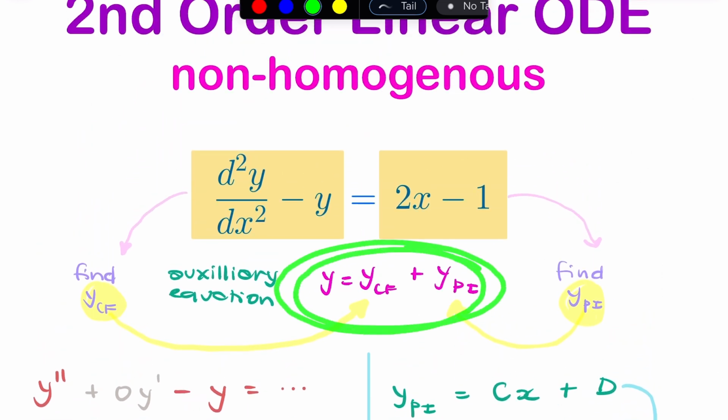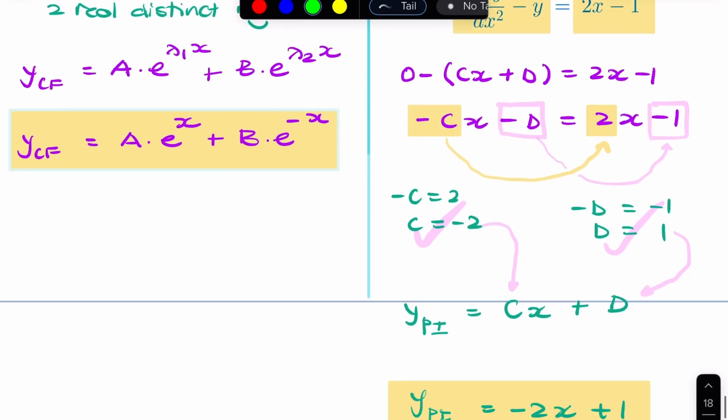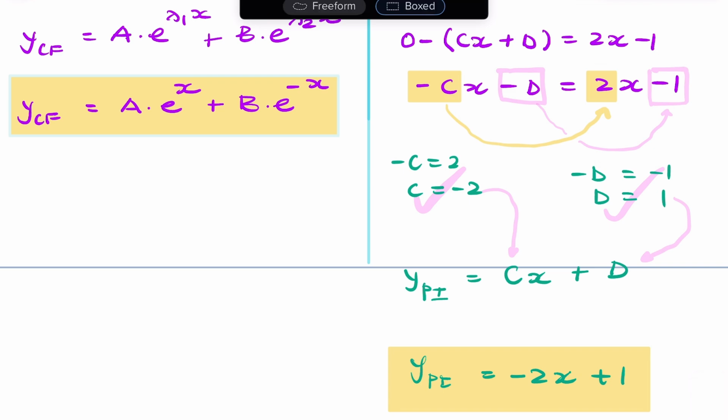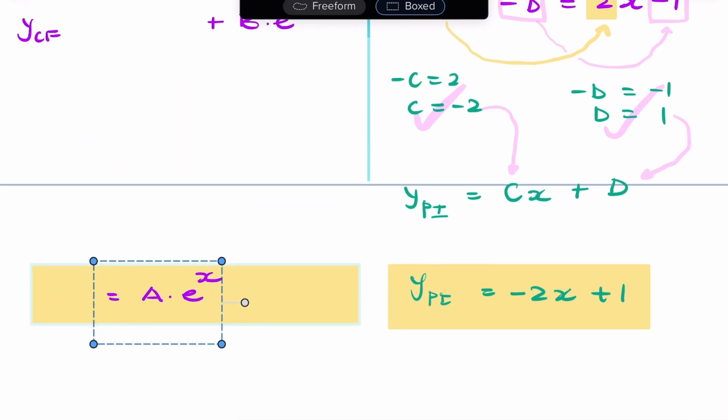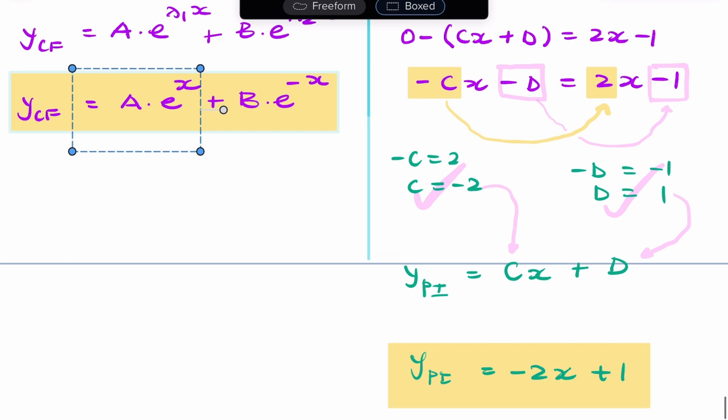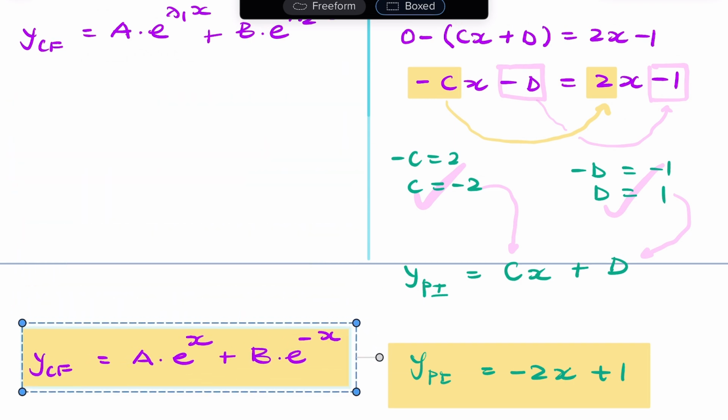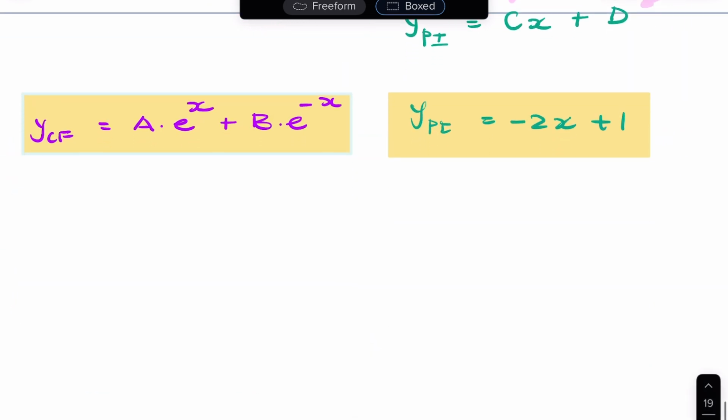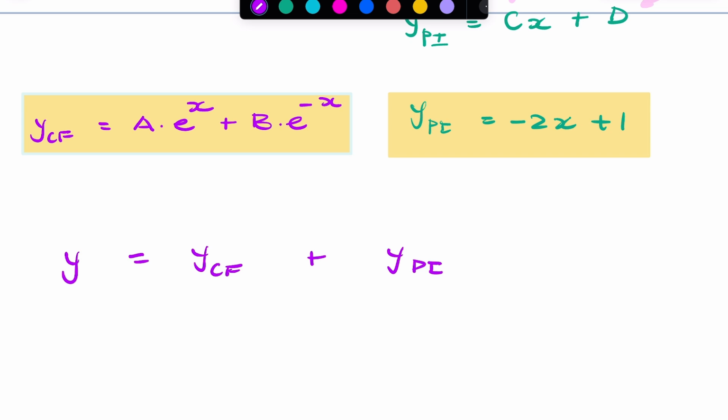I can say my final answer is the sum of these two. So if I bring this down here, now I have my two solutions. I can say the final solution, y, is equal to YCF plus YPI. So YCF is this, and YPI is that.